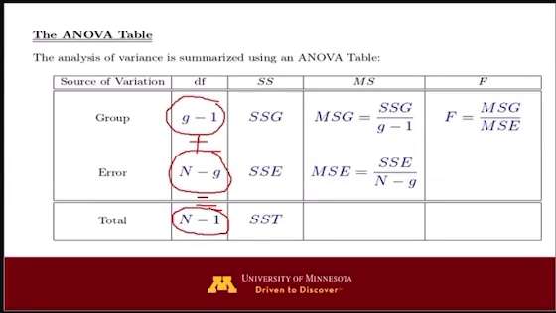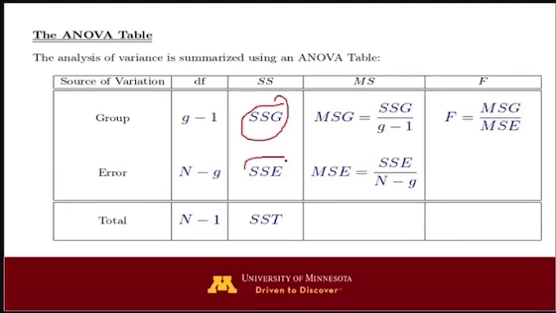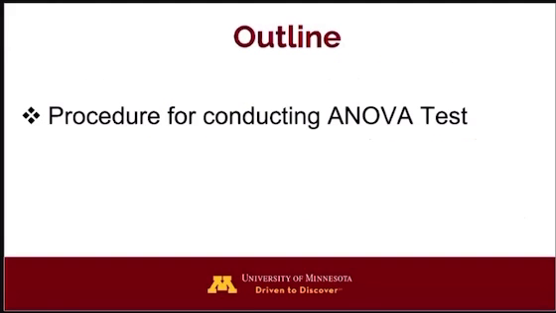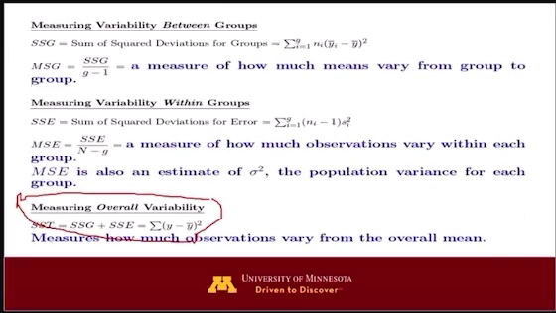After getting the degree of freedom column, the next column is SSG, SSE, and SST. That was the one I explained before. Give me 1 second, I'm going to show you. That was the one I explained earlier.